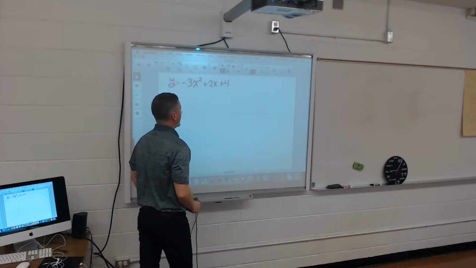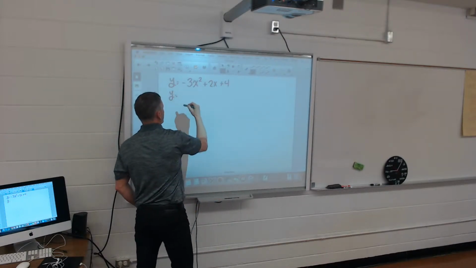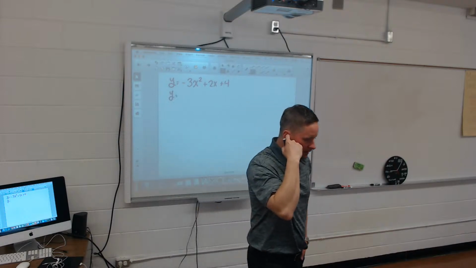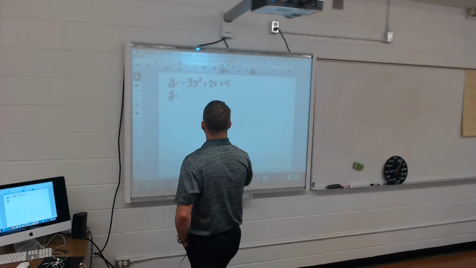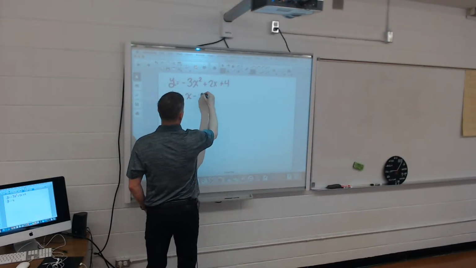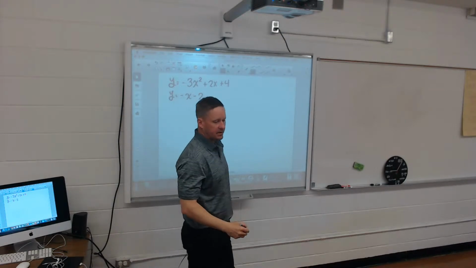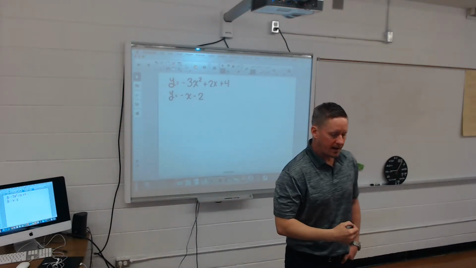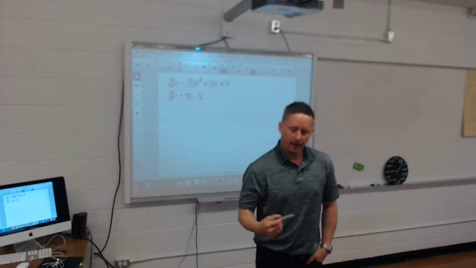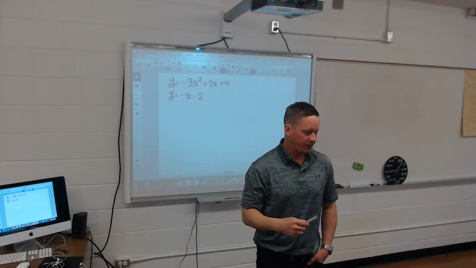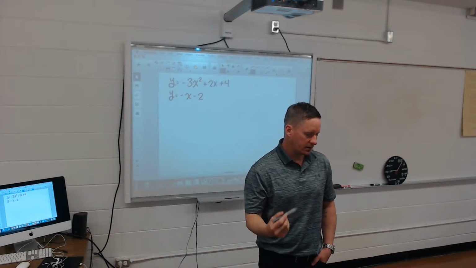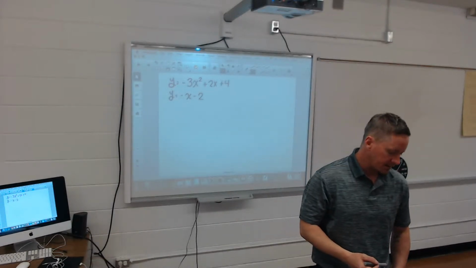We need to graph that first. And then the second one we're going to graph is y equals negative x subtract 2. You notice that I made them in y equals form. That way I'm able to use my graphing calculator in order to graph this.